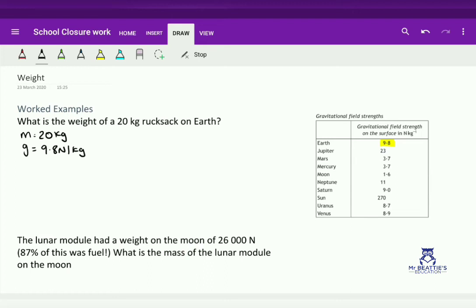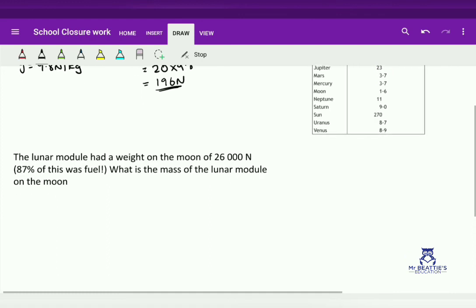Now our equation is W equals mg, where W is the weight, m is the mass, and g is the gravitational field strength. So we're going to do 20 times 9.8, and that is going to equal, calculators at the ready, 196 newtons.